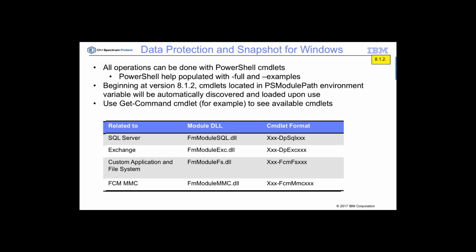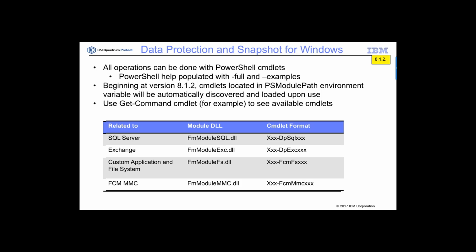And then finally, a small enhancement for PowerShell. In virtually all of the previous versions of this product, everything about the product and the backups could be controlled with PowerShell. And beginning in version 8.1.2, the commandlets in the PS module path environment will be automatically discovered and loaded upon use.